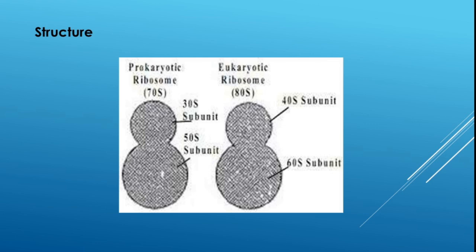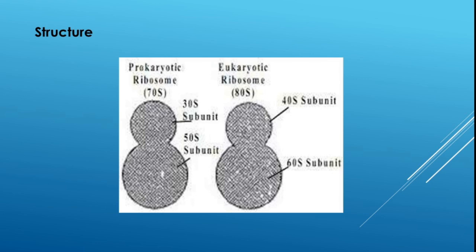In this groove, the mRNA is positioned during protein synthesis and is well protected from the degradative actions of ribonuclease. Ribonuclease is a type of nuclease enzyme that catalyzes the degradation of RNA into smaller components.